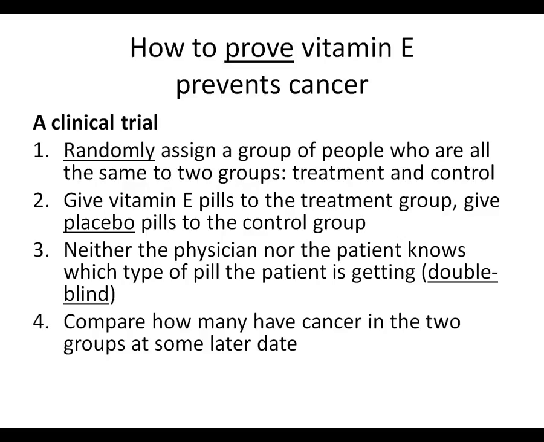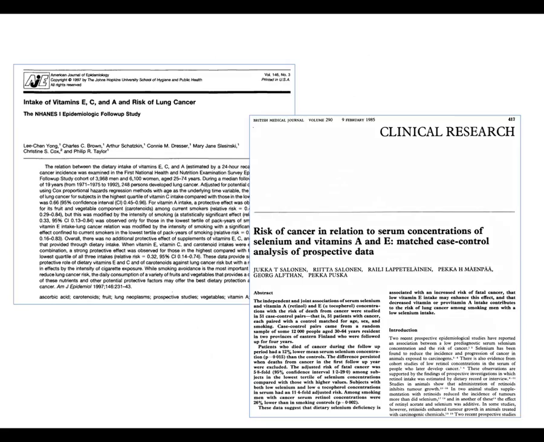Now, if your hypothesis is that vitamin E prevents cancer, then your prediction is that the number of cancer cases in the vitamin E group will be lower than the number of cases in the control group.